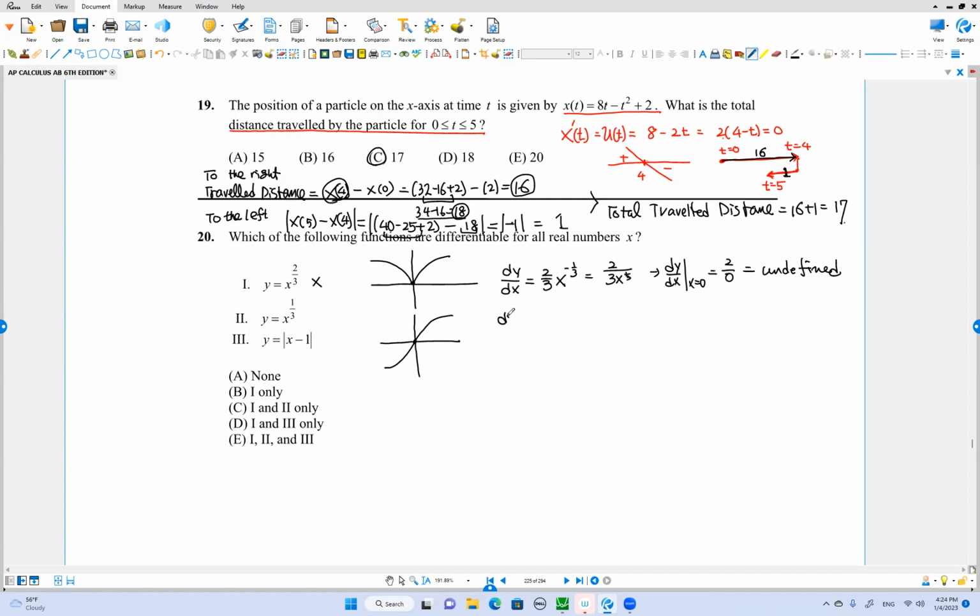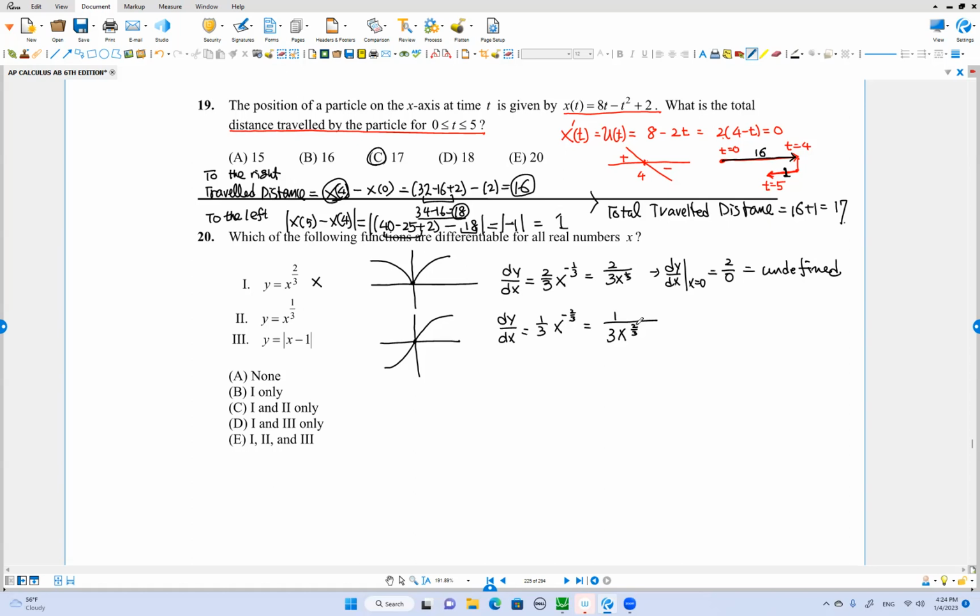Take this one, dy/dx. 1/3 moves to the front, x to the what? -1, so -2/3. So it is 1/3 x to the -2/3.